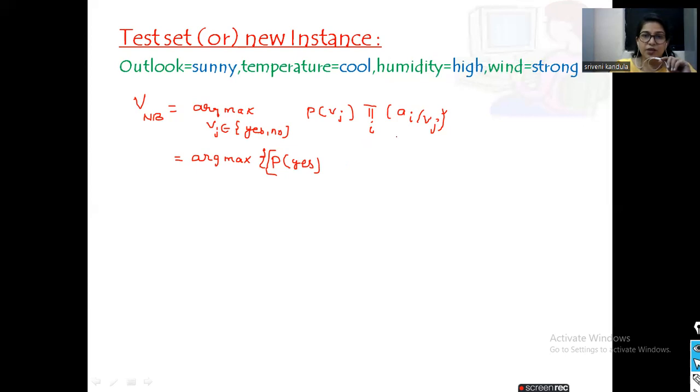And then next coming to the conditional probability. It is a multiplication of all. So let us just multiply this with P of the first ai, outlook equals to sunny, given yes, multiplied with P of cool given yes, multiplied with P of humidity equals to high given yes.